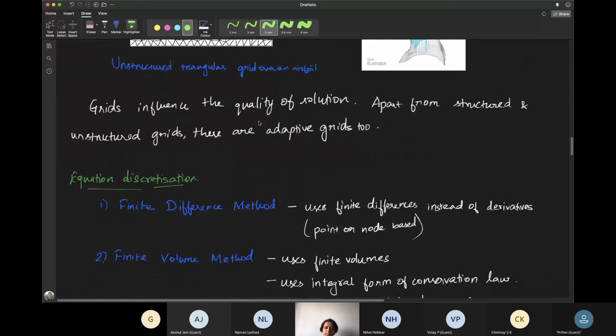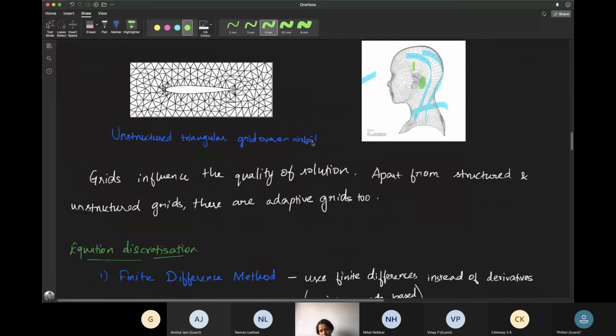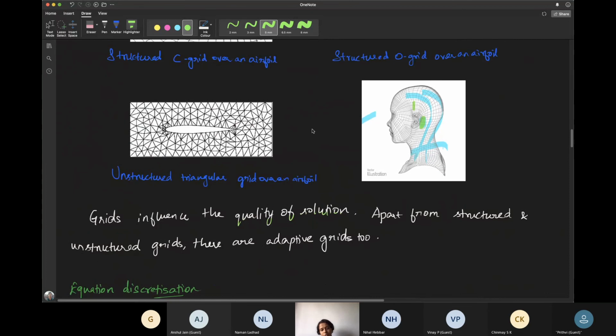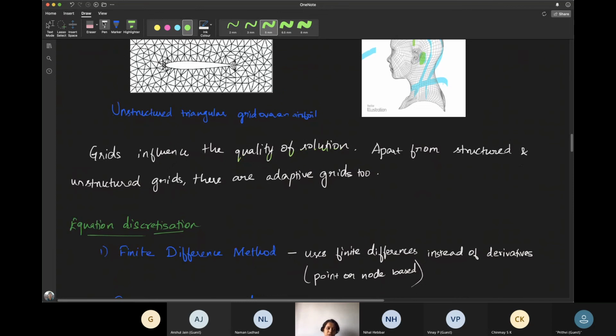Now, the main thing about grids is that they influence the quality of the solution. That is, when you have finer grids, your solution may improve. But we have something known as the grid independence test. You make the grid more and more fine and see if the solution remains the same after making the grid finer.